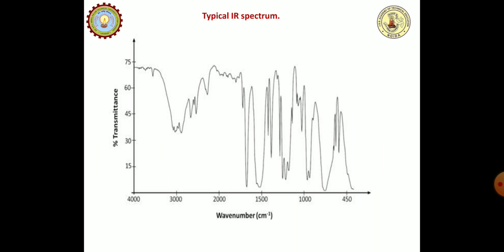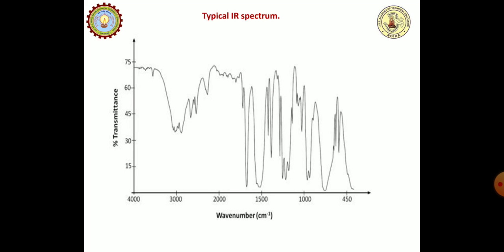We can observe from the figure, the x-axis is wave number, unit is centimeter inverse, and the y-axis is percentage transmittance. The peaks present in that graph are responsible for the percentage of transmitted radiation when the IR radiation is passed through the sample.